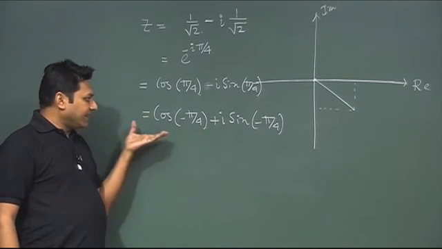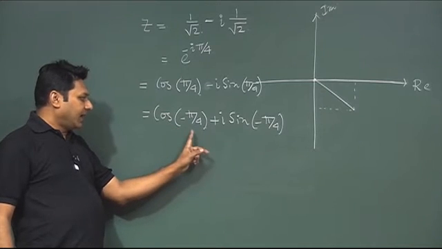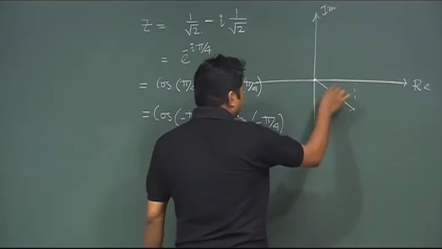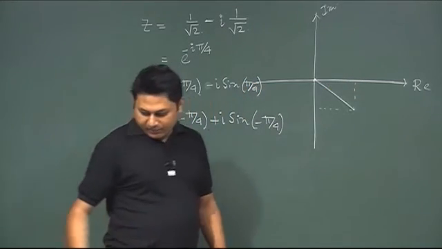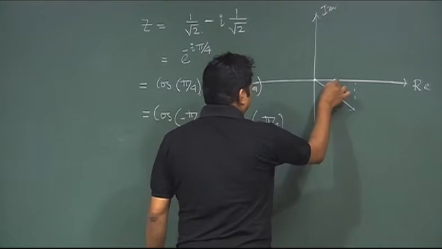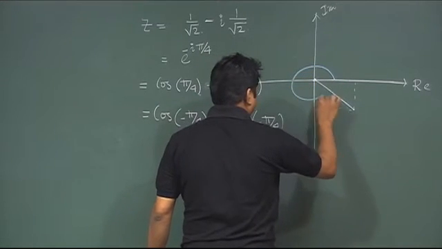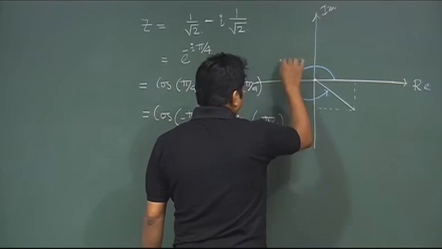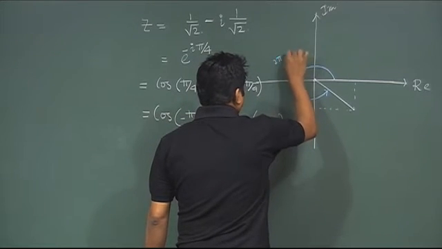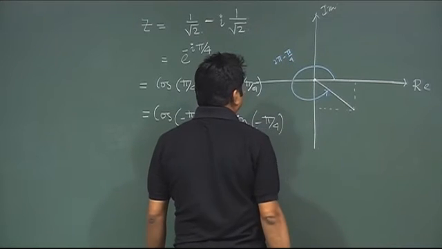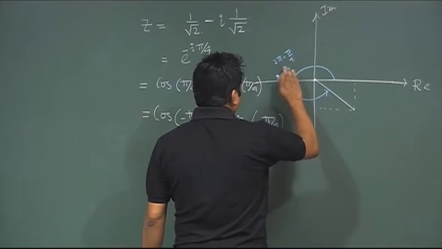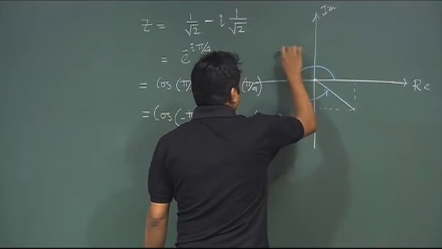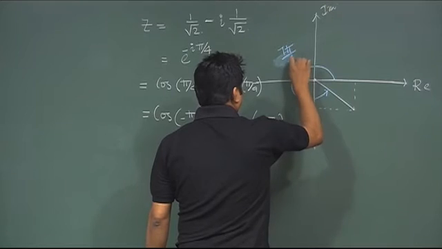Why am I writing this equation in this form? So that I understand that whatever theta I am taking is the principal value, because here you can have this angle in two ways. First is this angle, which is 2 pi minus pi by 4, so it is 7 pi by 4.